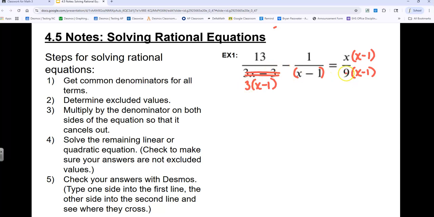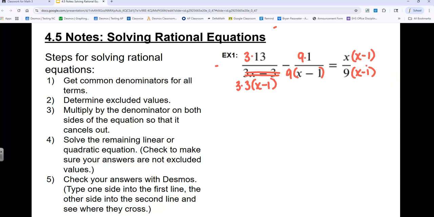Can I turn that 9 into a 3? I could turn 3 into a 9. I want them all to have a 9 in the bottom. So to get a 9 right here, I would need to multiply by 3 on top and bottom. To get a 9 right here, I would multiply by a 9 on top and bottom. And the last one already has a 9. Are we okay here? So now the bottom of all of my fractions are 9 times x minus 1.